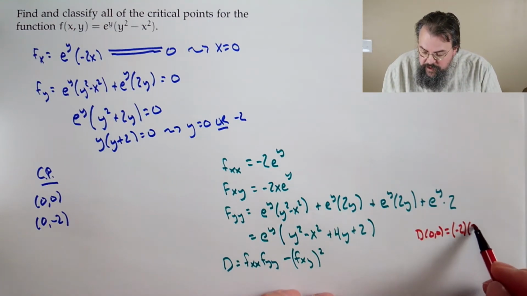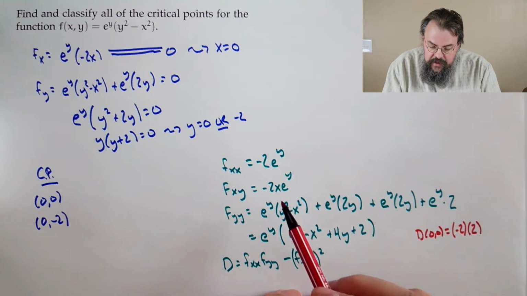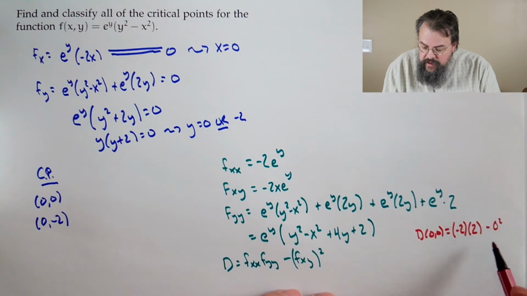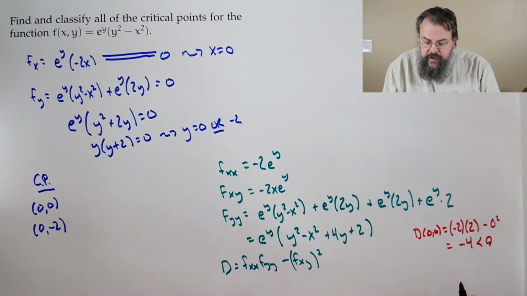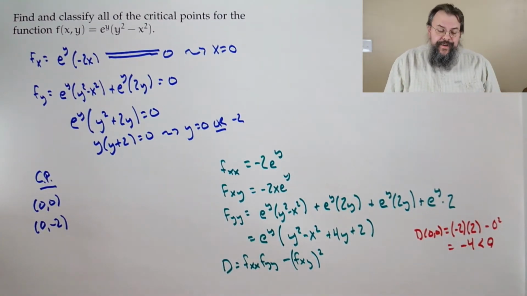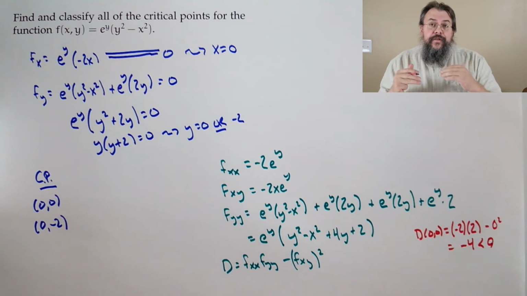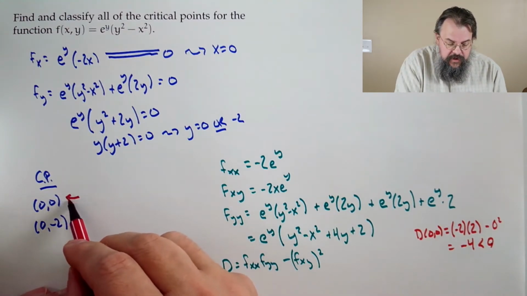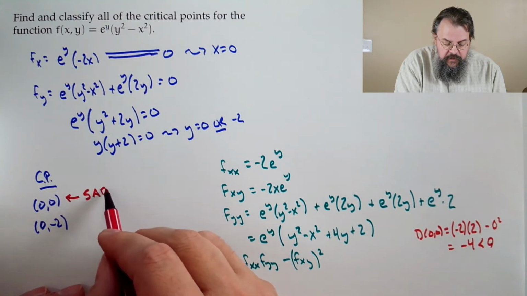So it's a minus 2, a plus 2, and then we subtract 0 squared, and we say, aha, that's negative 4, which is negative. Of course, the fact that we said negative 4 gave it away that it's negative, which means that 0, 0 is a saddle. Okay, so that's the classification for that point.